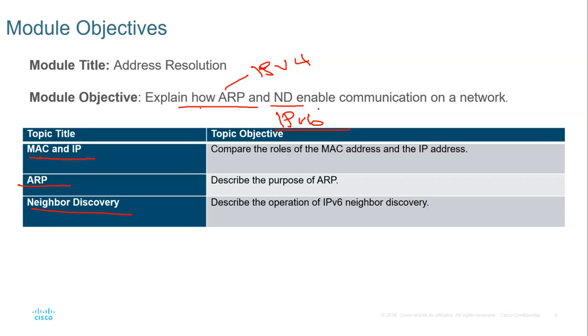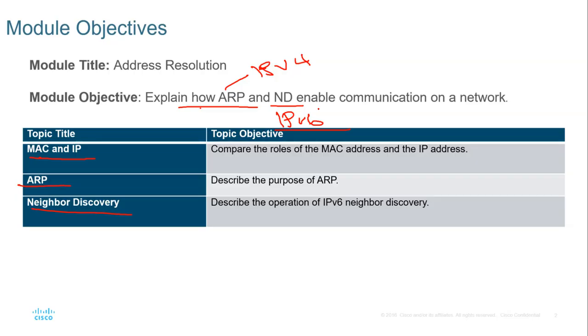So mostly two protocols, respectively, that are used to map the known IP address to an unknown MAC address. In most cases, the MAC address of the devices is not known.